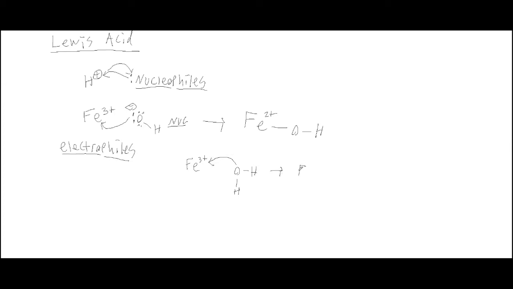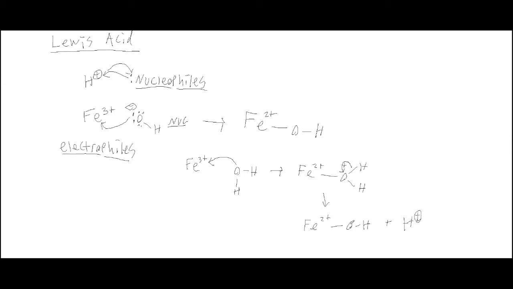And then we end up with iron 2 plus bound to this water, and this will have a plus on it. And so in order to get rid of this charge on the oxygen, these electrons are going to go over there, and so we end up with Fe2 plus going to this plus our hydrogen ion.